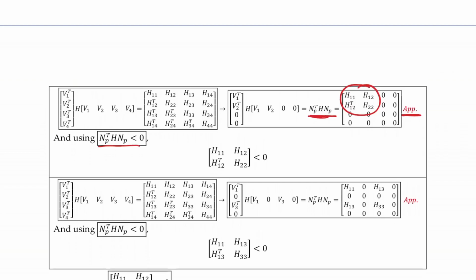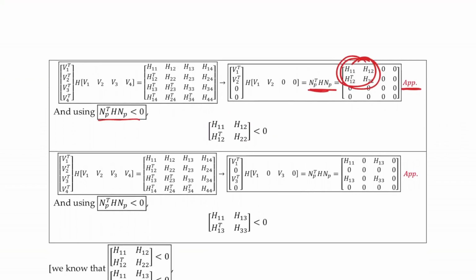And using that expression, we know that this smaller matrix is negative. Okay, the same idea can be applied. This is what we know, and again this is NQ, right? And this is what we have.